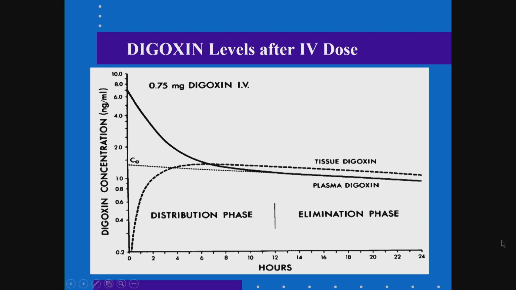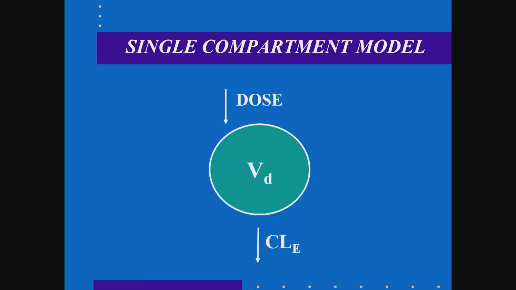Now, that is again one approach to estimating the apparent volume of distribution, and we are using what we call a single compartmental model of drug distribution and elimination.